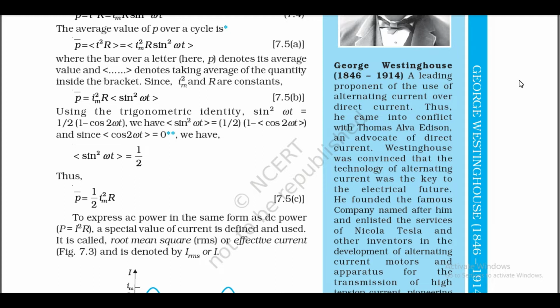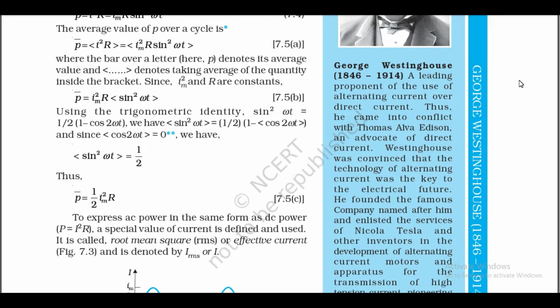Since im squared and R are constants, p bar = im squared R <sine squared omega t>.